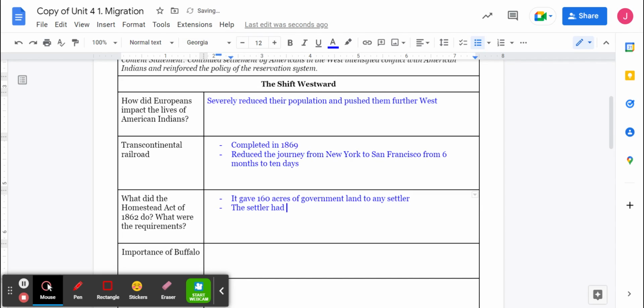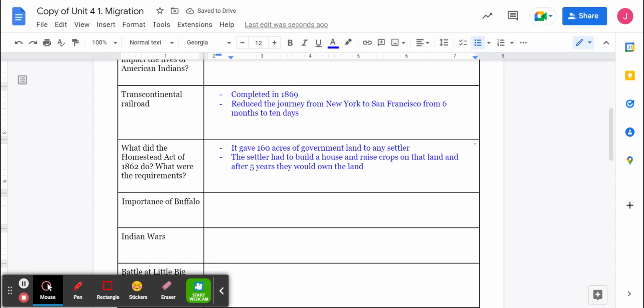The settler had to build a house and raise crops on that land, and after 5 years they would own the land. Until then, it was actually government land, right?